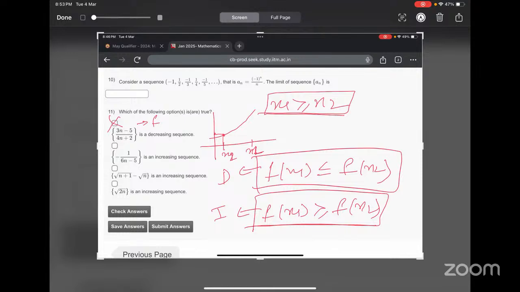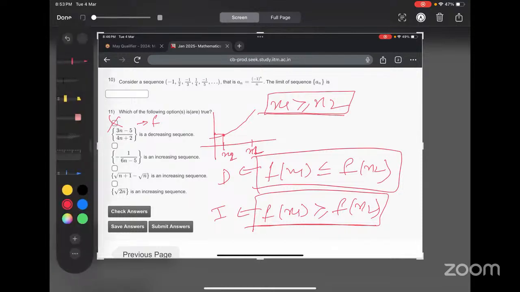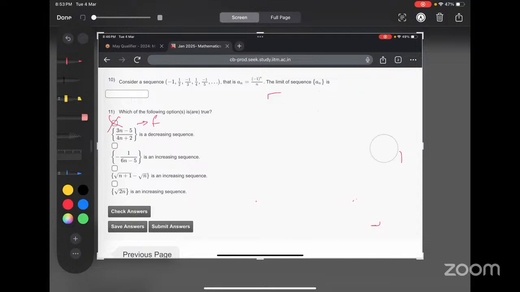Why are you taking the first one as x2 and the second one as x1? Generally x1 is the first one. You are exchanging x1 and x2 here. Normally 1, 2, 3, 4, like that it will go, no? Okay, you can take it, no problem. So x1 is less than or equal to x2. If it is increasing, then f of x1 will be less than or equal to f of x2. If it is decreasing, then f of x1 will be greater than or equal to f of x2.